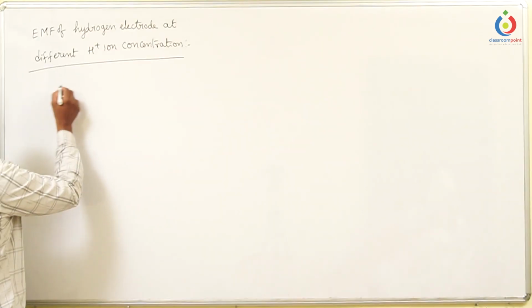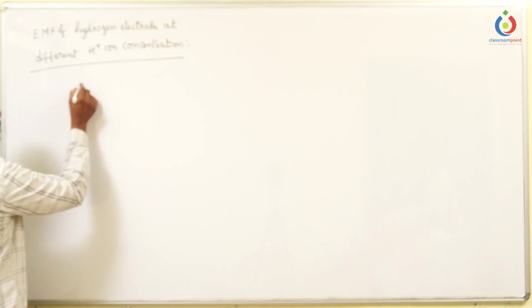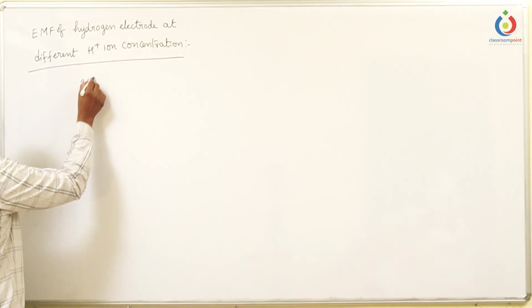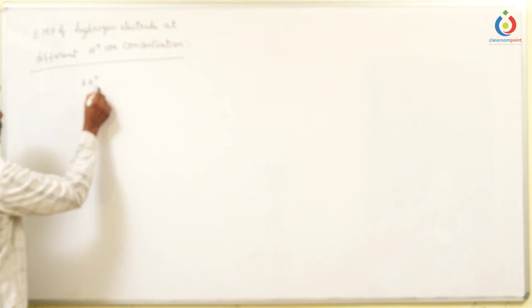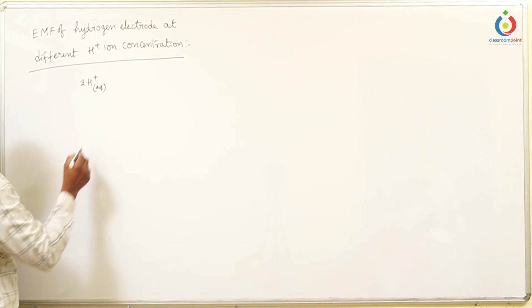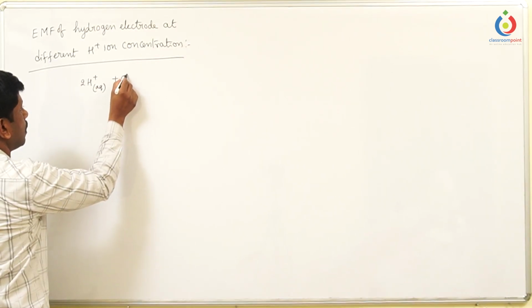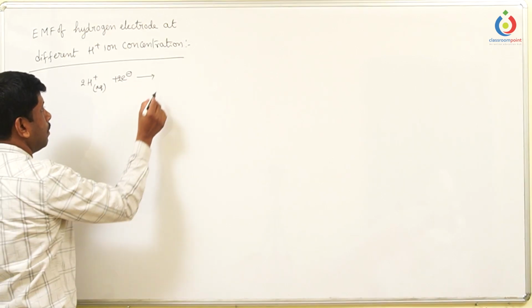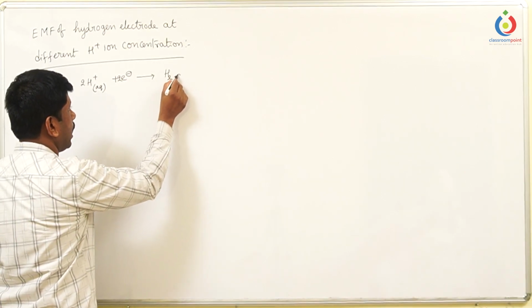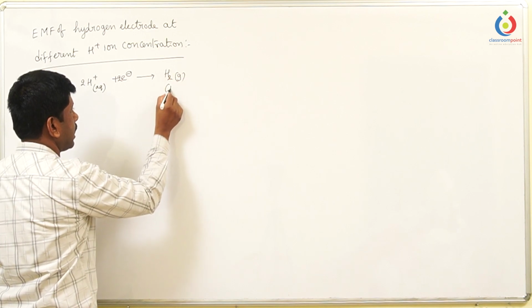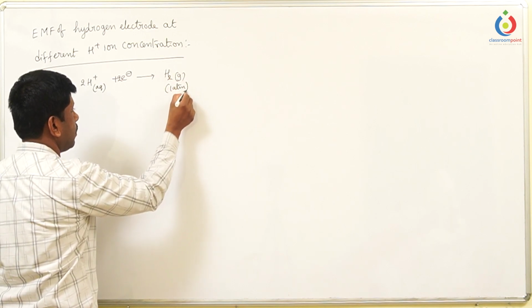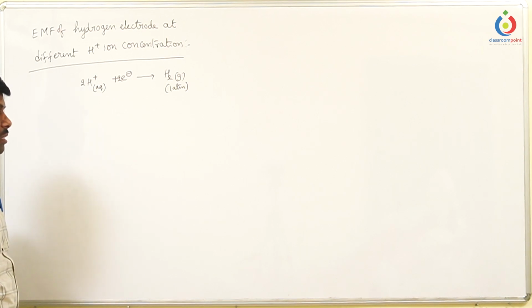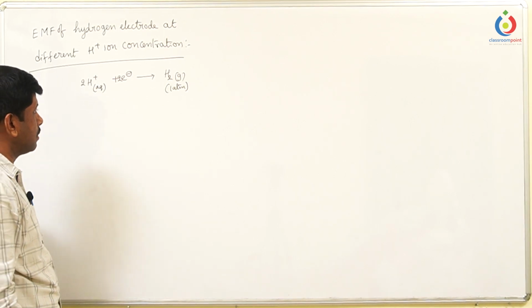The reduction reaction for the hydrogen electrode is 2 H plus ions in aqueous form, taking 2 moles of electrons, produce hydrogen gas. The hydrogen gas pressure, let us consider at 1 atmospheric pressure.